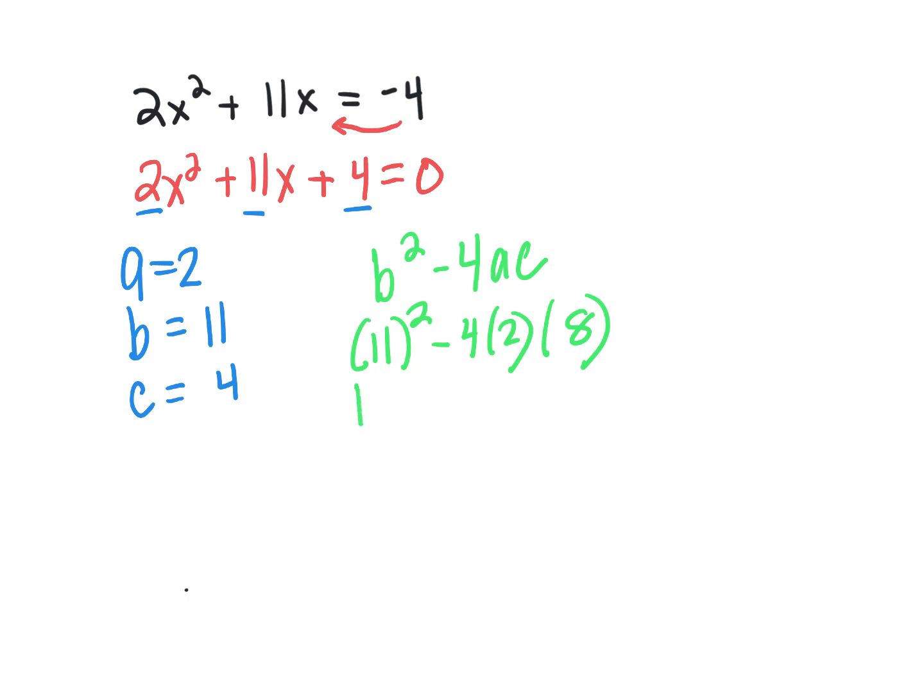Okay, so either use a calculator or just work this problem out here. And what we're finding is that our discriminant number... I'm going to change something real quick here. My c value should be a 4.